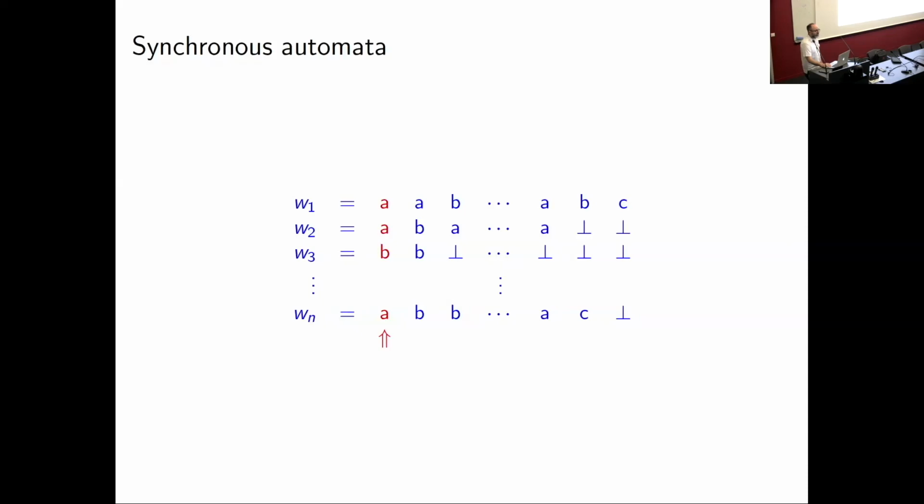It reads this letter, which is the cross product of all the letters there. Then based on the state in which the automaton is and the letter it is reading, it moves to the second letter and so on until it reaches the end. Yeah? So now an automaton can read pairs of words, triples of words, and so on.